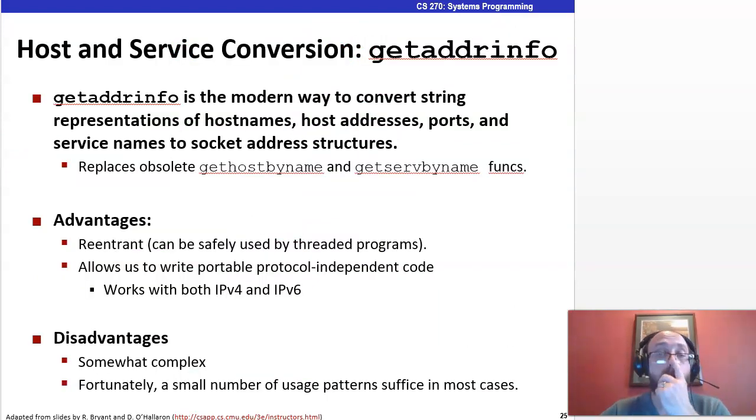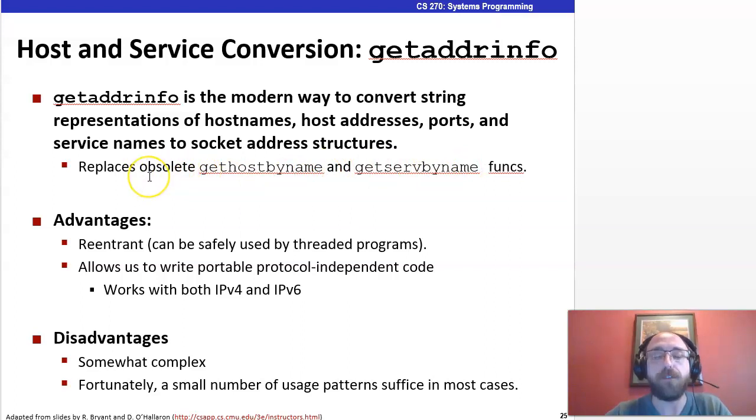All right, so the first of these, getaddrinfo, lets you, as I said, convert between host names or IP addresses written as strings into numeric addresses of the kind that would go into a struct sockaddr. There are some older functions like gethostbyname and getservbyname that do part of this, but have some more restrictions or are a little bit harder to use.